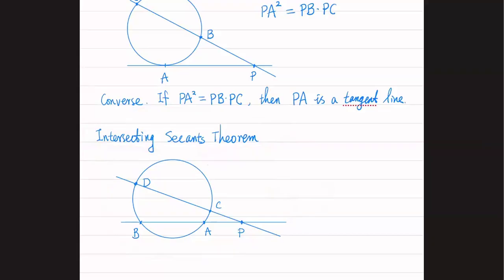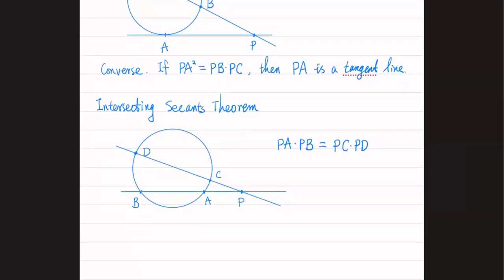Okay. So a key step for the proof is that these two triangles are similar. From there, we conclude PA, PB, PC, PD. So how to prove this? We check that the sides have the same ratio. Okay, so proof.